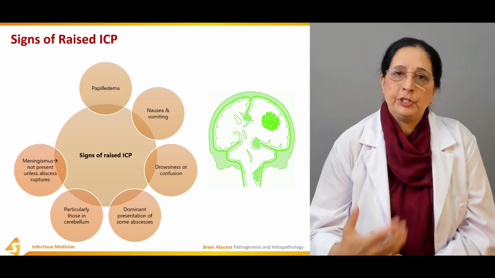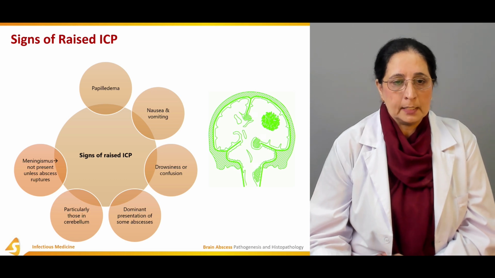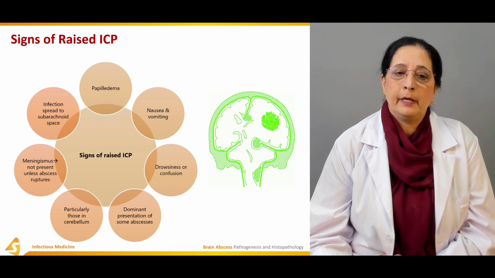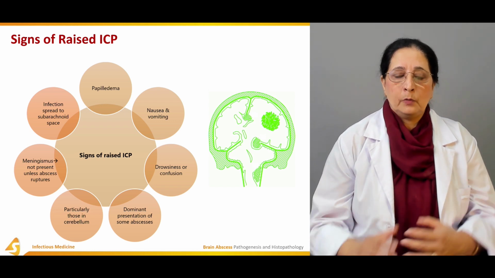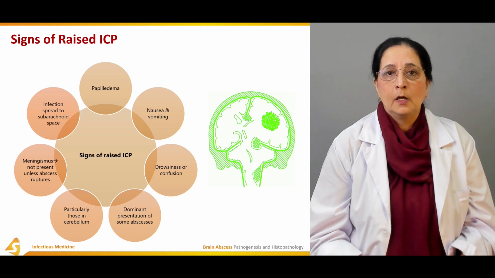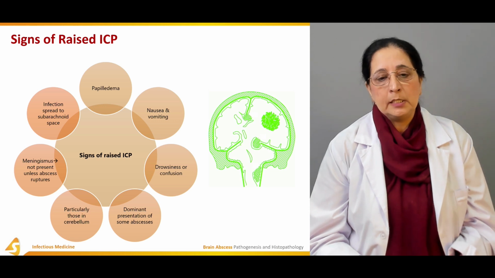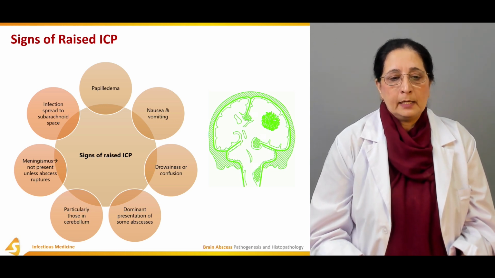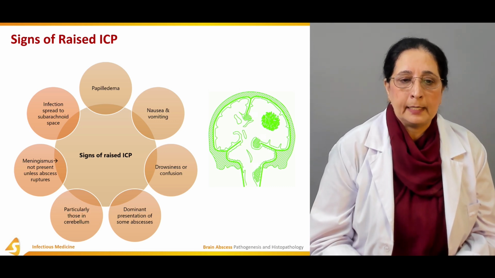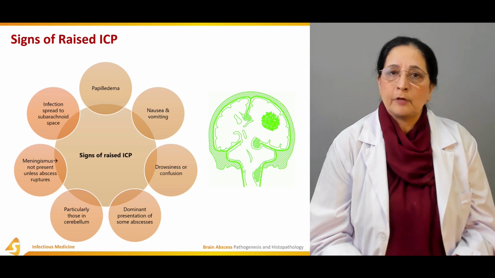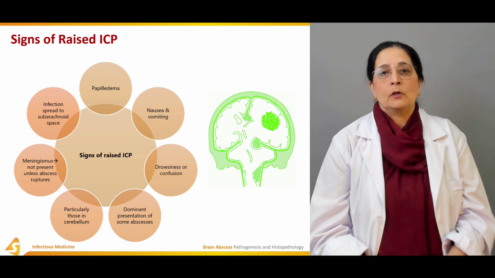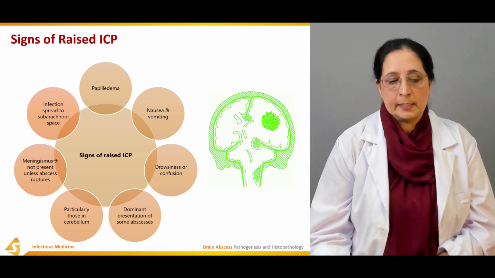Meningismus, irritation of the meninges, is not present unless the abscess ruptures and infection spreads to the subarachnoid space. So raised intracranial pressure can cause papilledema, nausea, vomiting, drowsiness, and confusion, and if the abscess ruptures, it can cause irritation of the meninges and spread to the subarachnoid space.